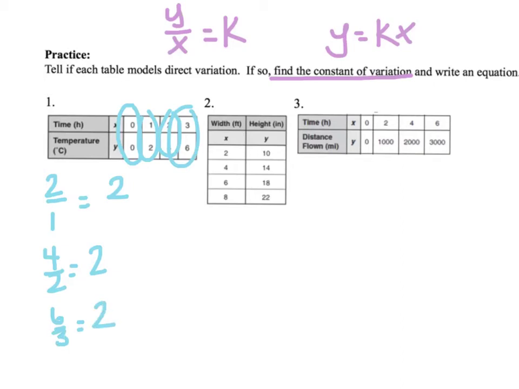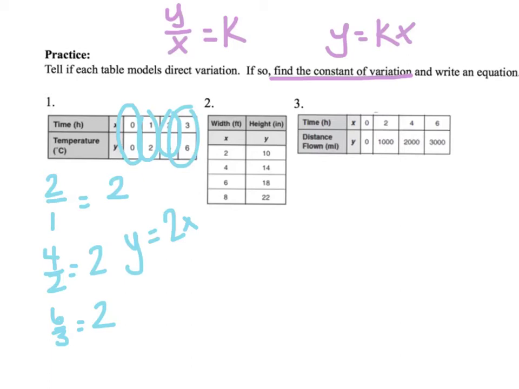So our equation here is y is equal to 2x, because 2 is our constant of variation. If you plug in, when x is 0, 2 times 0 is 0. When you plug in 1, 2 times 1 is 2, and so forth.